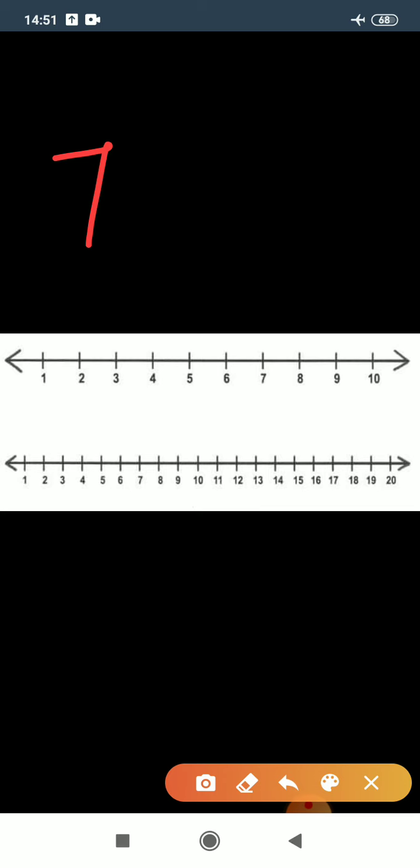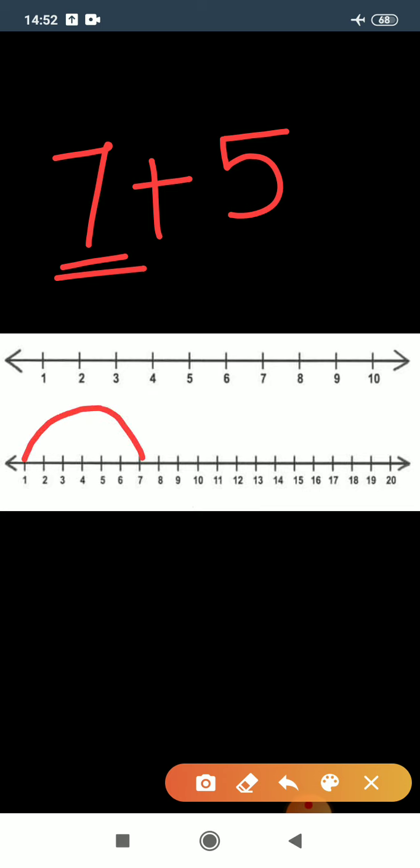Suppose my next question is 7 plus 5. Okay, so on number line first I will jump on 7. So you can see here my first jump on 7. After that my second jump, we need to take 5 from this 7.